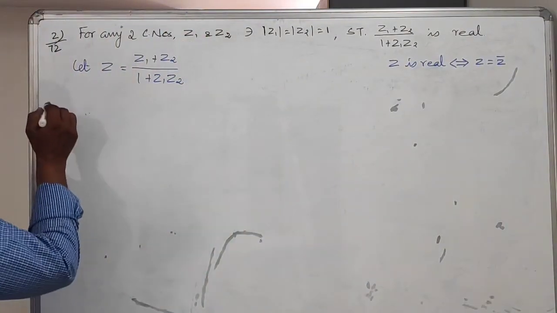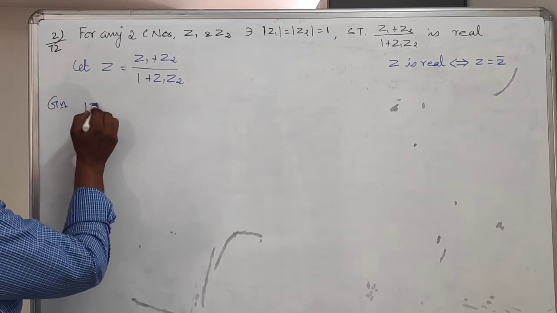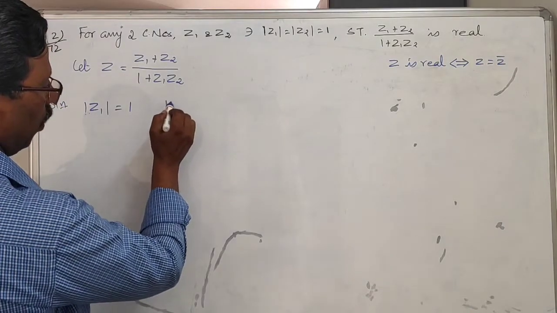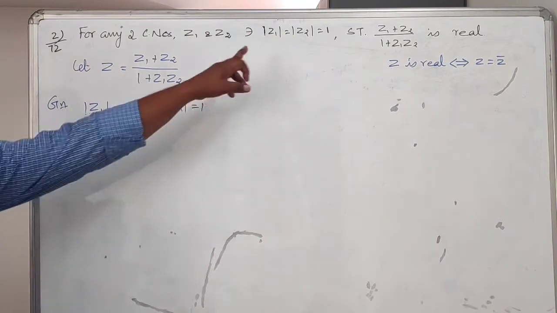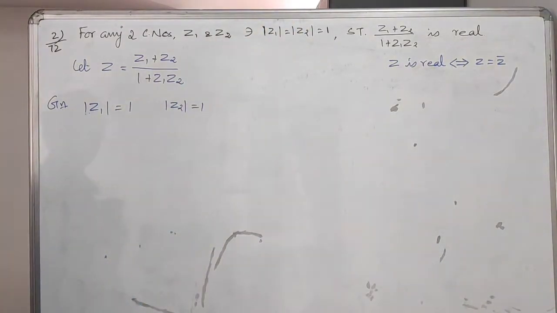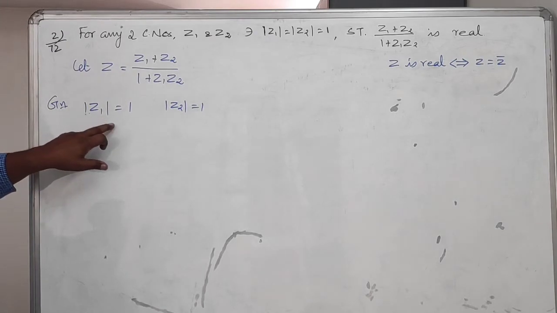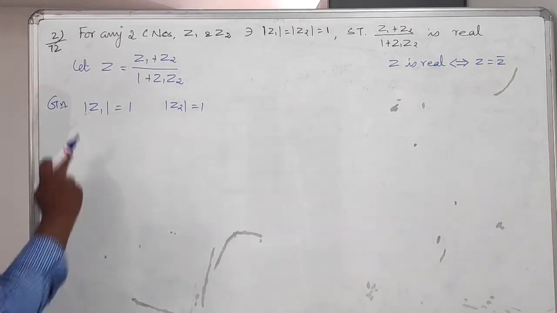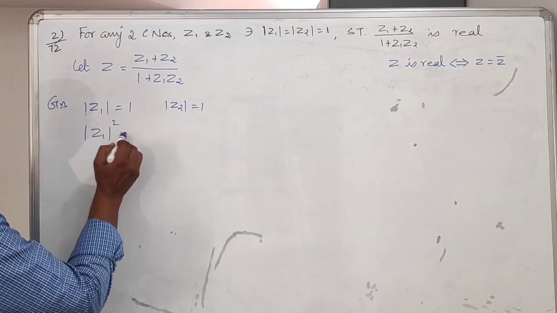Now for that, what is given? Given modulus Z1 is equal to 1 and similarly modulus Z2 is also equal to 1, because both are equal to 1. Now, we know very well modulus Z1 is nothing but root of Z1 into Z1 bar. Therefore, if we square it, modulus Z1 square is equal to 1.